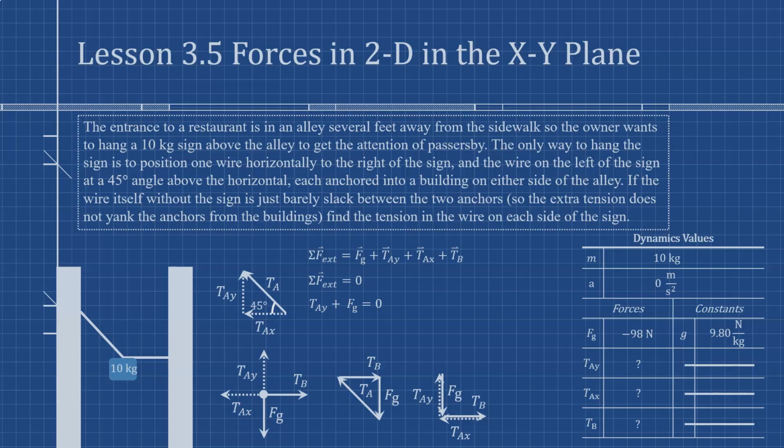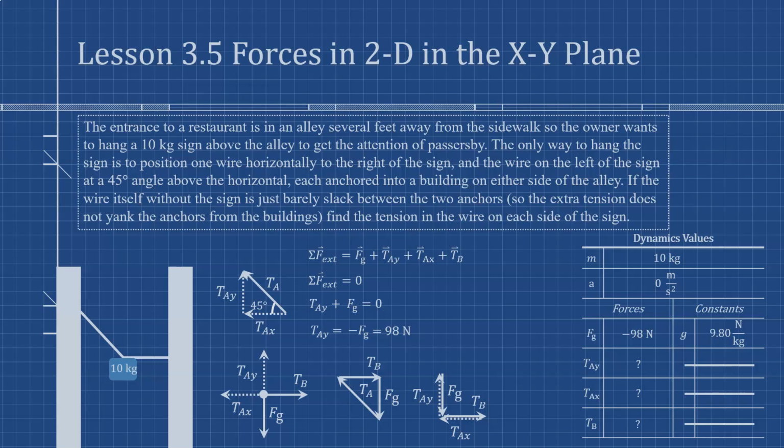If I rearrange it to just solve for the y component of my tension for wire A, I find that it's equal to the opposite of gravitation. And gravitation is negative 98 newtons. The opposite of negative 98 newtons is just positive 98 newtons. So the y component of the tension force has to be 98 newtons.